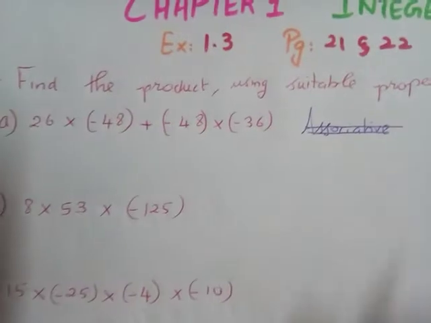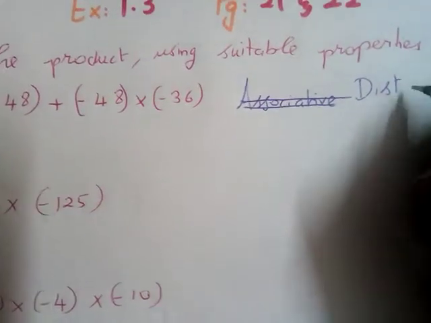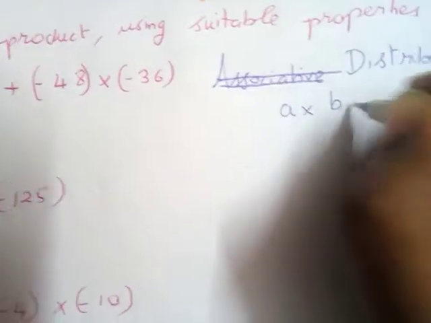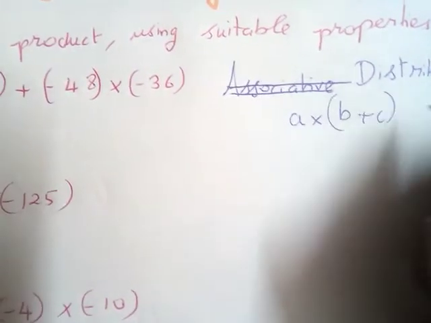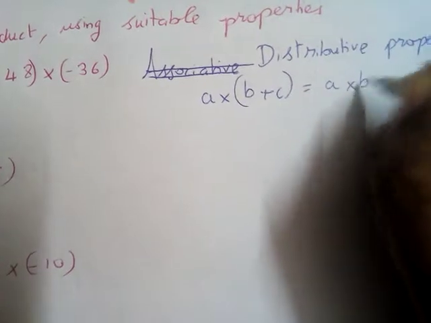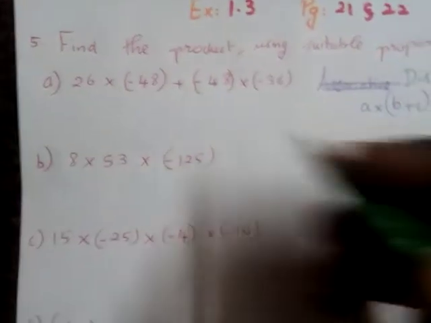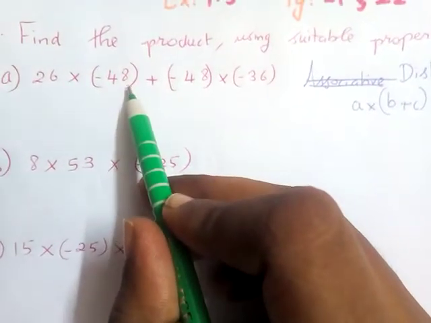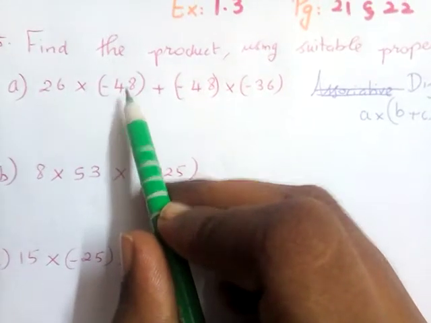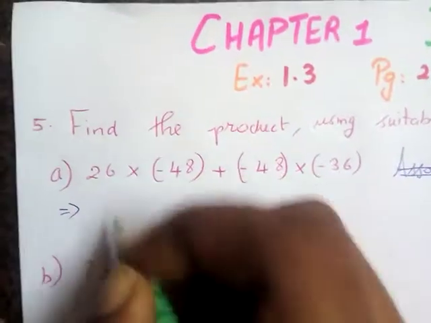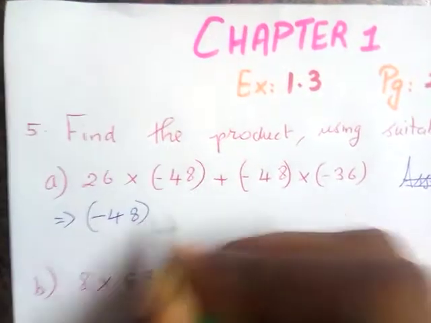If you have already guessed it, yes, it is the distributive property, which states that A into B plus C is equal to A into B plus A into C. So from here you can see that A is equal to minus 48, as there is a common integer that is present in both these terms. So you can take minus 48 out as a common integer and then solve it according to this formula.